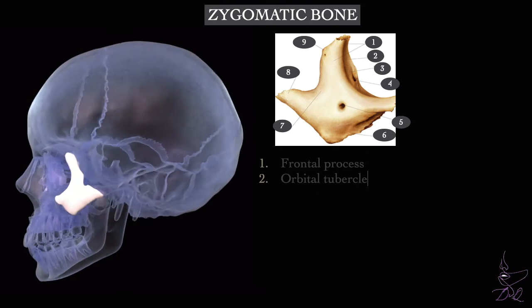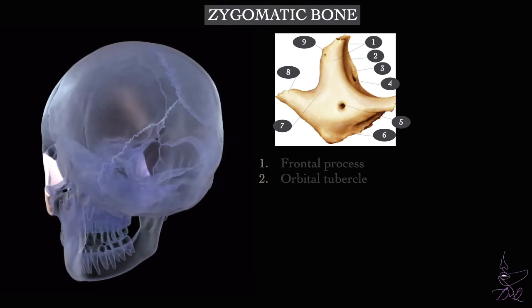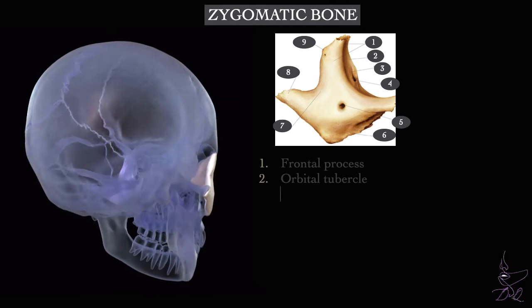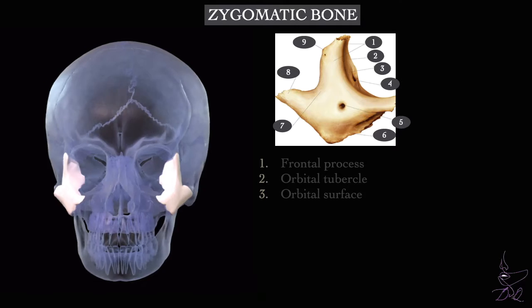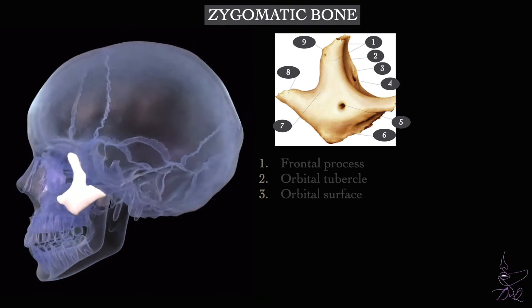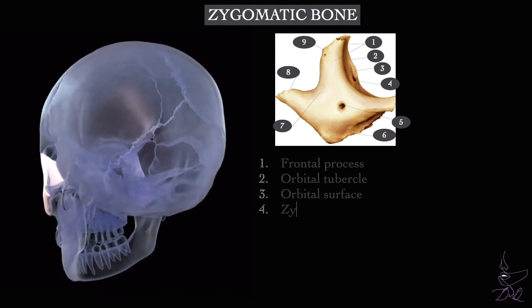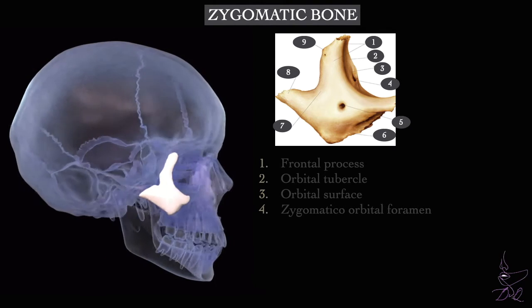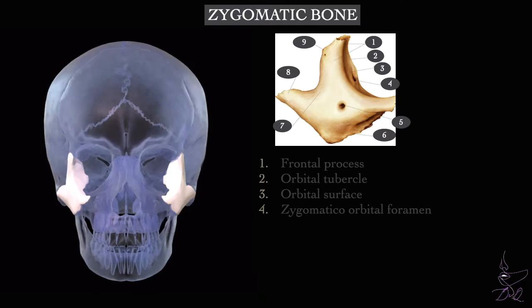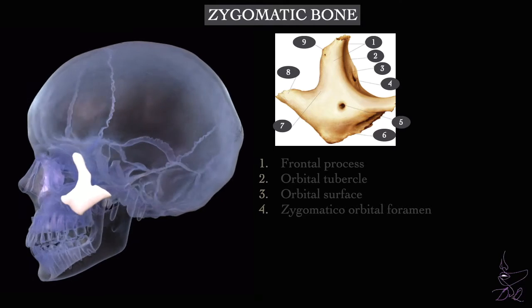Now the orbital surface is smooth and concave. It faces towards the orbit and forms the anterior lateral part of its floor and the anterior part of its lateral wall. It features the zygomatico-orbital foramen. The zygomatico-orbital foramen is a gateway to the bony canal found within the zygomatic bone.